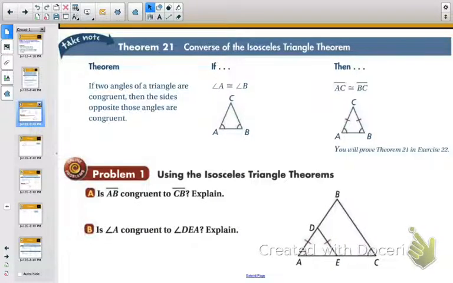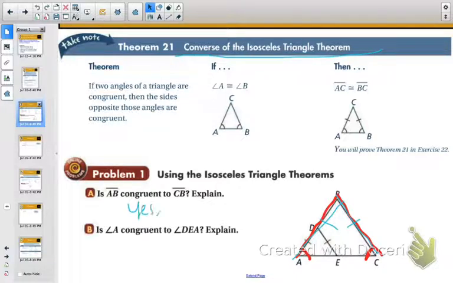Okay, so this one says, is AB congruent to CB? And how do you know? Explain. So AB is this whole side right here. Is that congruent to CB? Well, if you notice, we have one mark here and one mark here. So we know those two angles are congruent, which means by the converse of the isosceles triangle theorem that yes, these two sides should also be congruent.